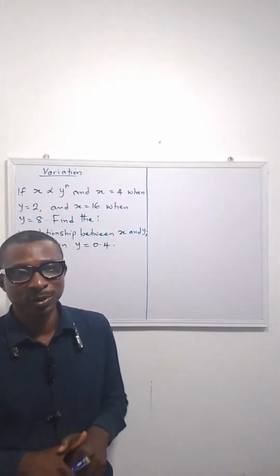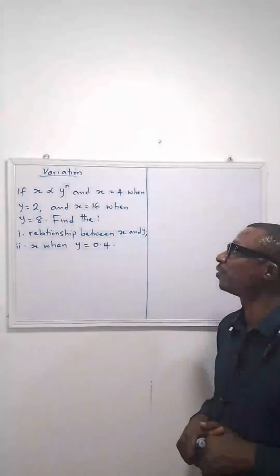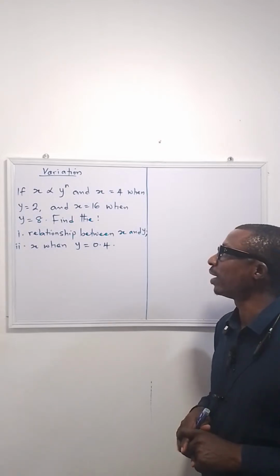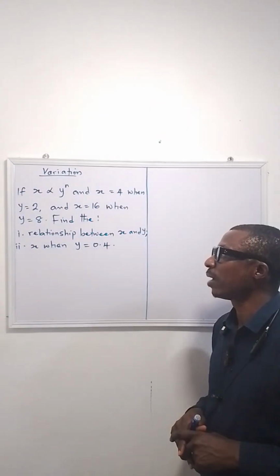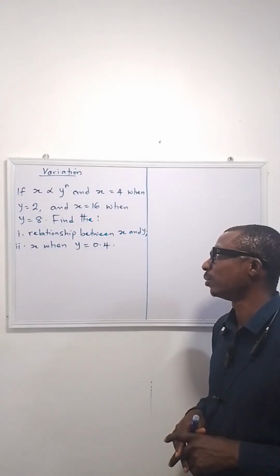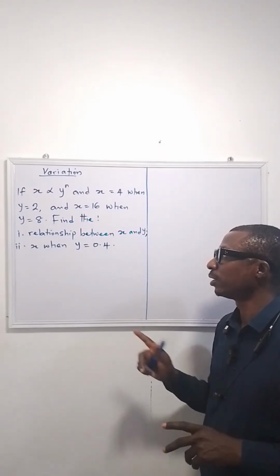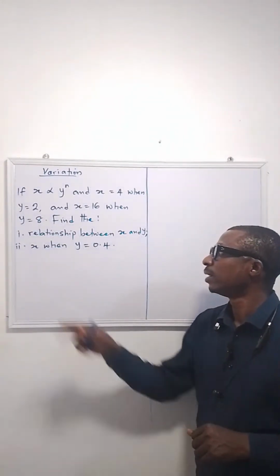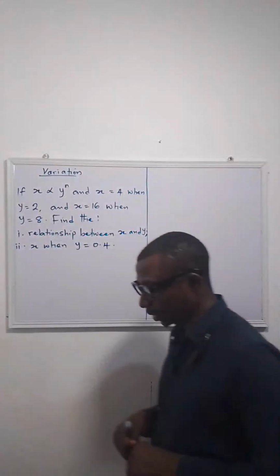Okay. So we are going to be looking at this question. You have if x varies directly as y raised to the power of n and x equals to 4 when y equals to 2 and x equals to 16 when y equals to 8. Find the relationship between x and y and find x when y equals to 0.4.